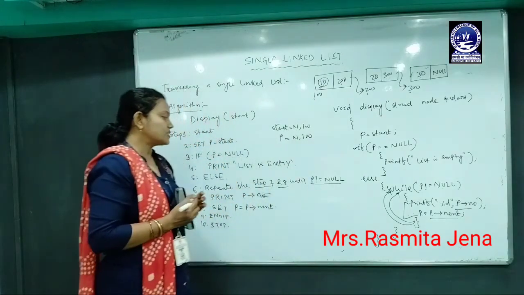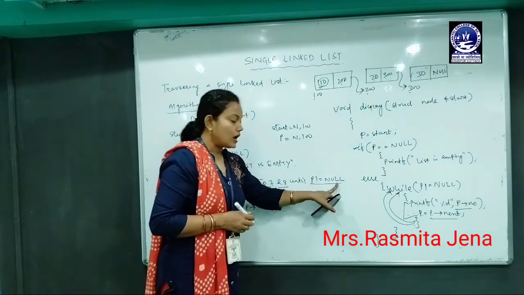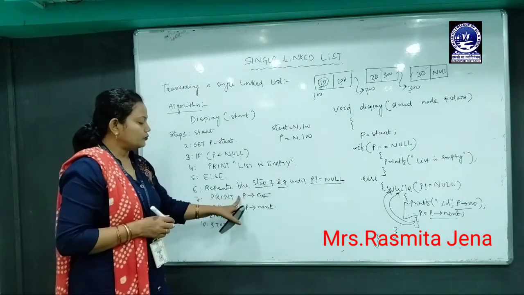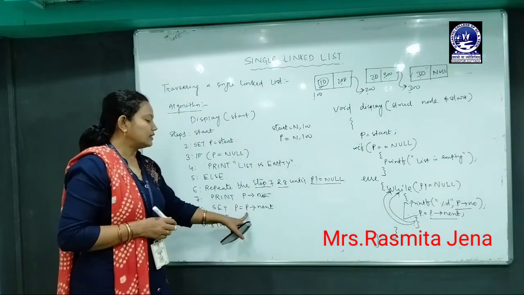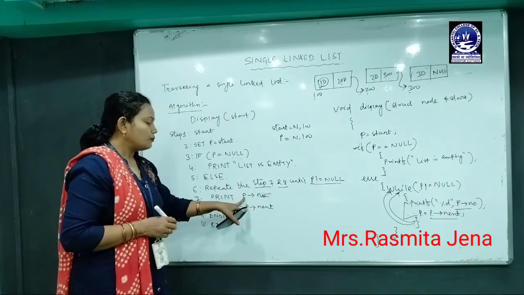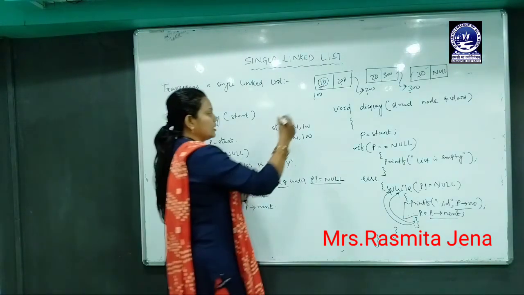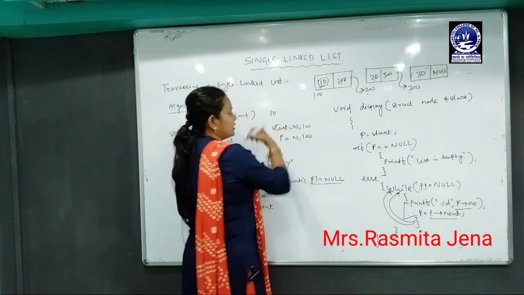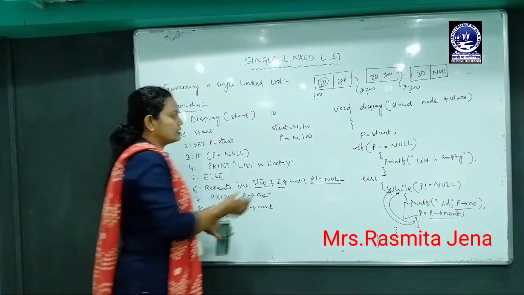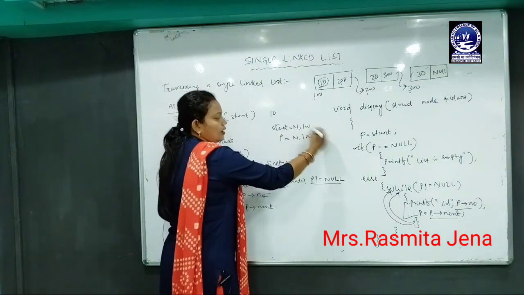And when P becomes 100, this condition is true. As this condition is true, we will print the info part of P, and we will assign the next node address to the variable P. When it executes P of info, it will display the first node data part, that is 10. And when we set P equals to P next, then P becomes 200.